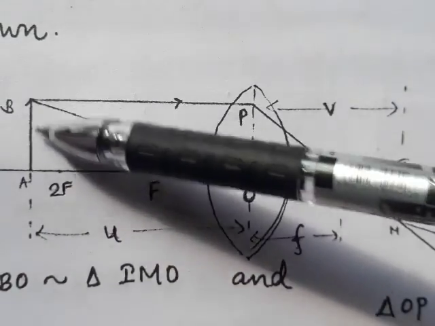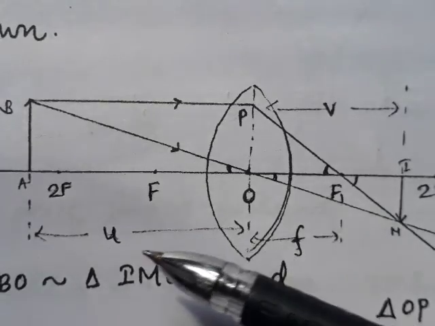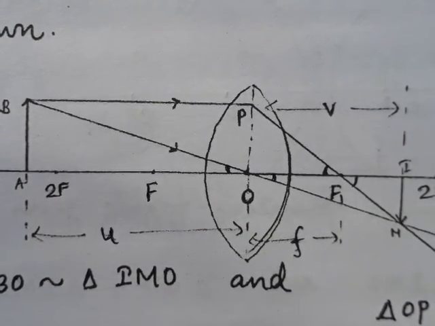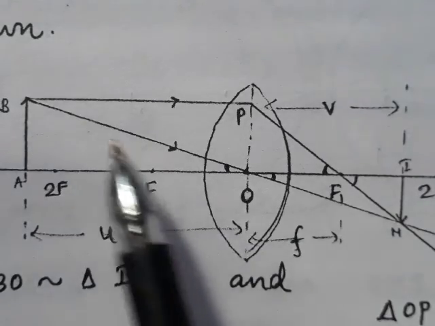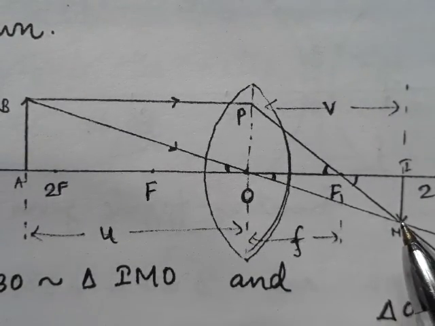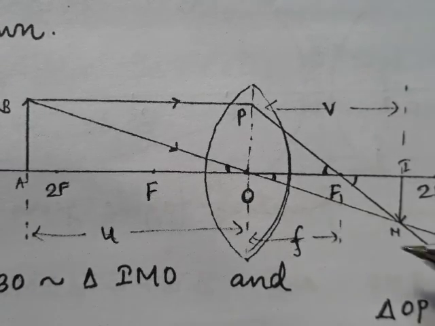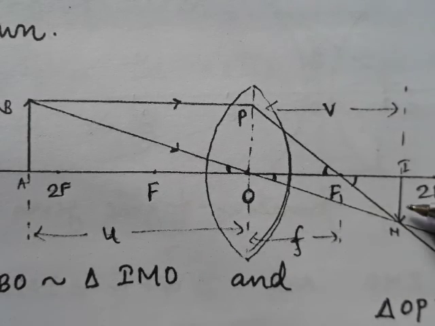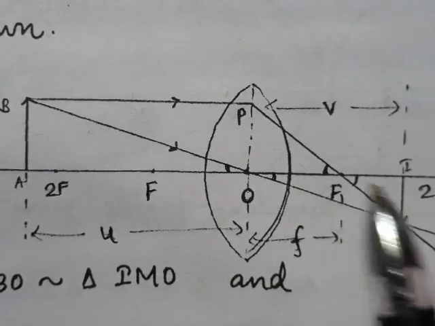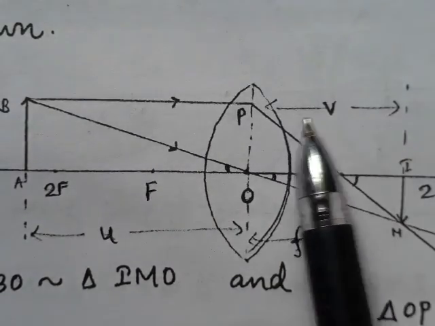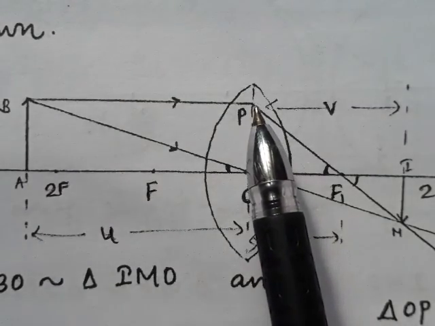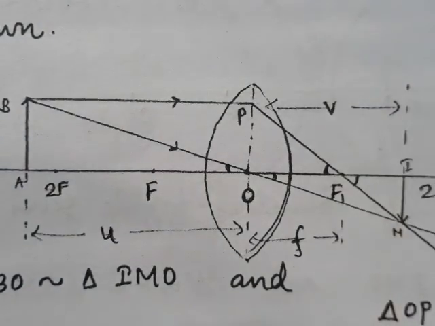This is an object AB kept at a distance u from the center of the lens. Light from this object goes and forms an image on the right side. So here IM stands for the image and AB as the object. This is its image distance. Image distance means the distance from the lens to the image, v.